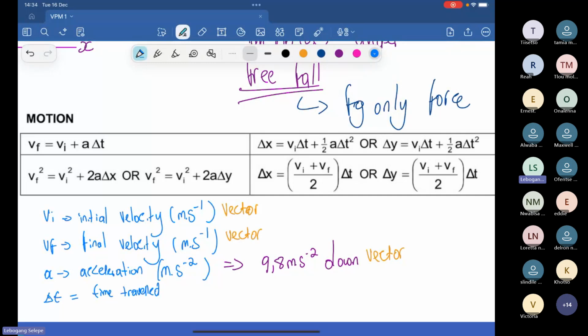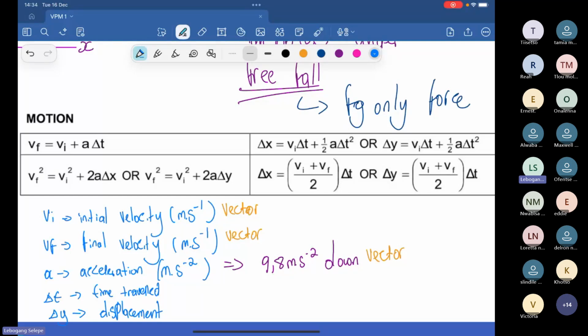Then we have change in y. Here, guys, it's very important to understand that change in y is not distance. Change in y is displacement, and it is a vector. I know that there's this misconception of saying that change in y is distance. It's not. Distance and displacement are closely related concepts, but they are not the same.